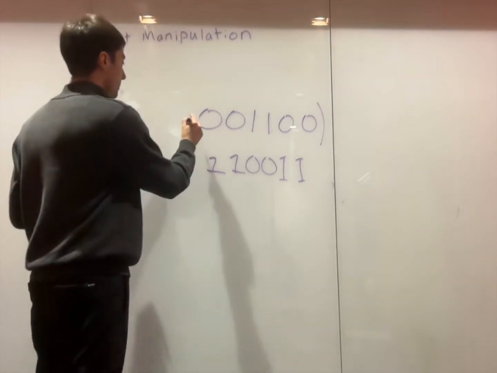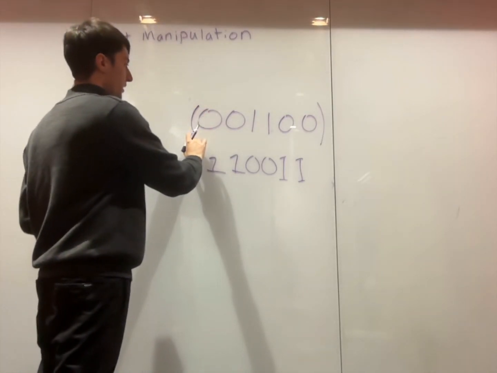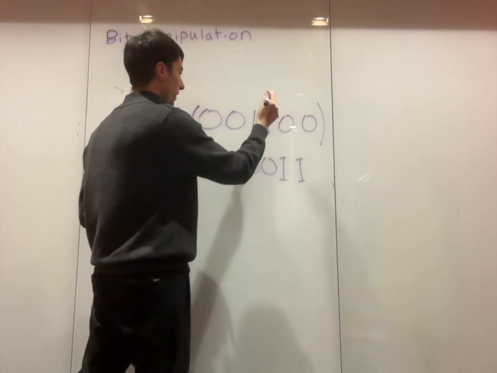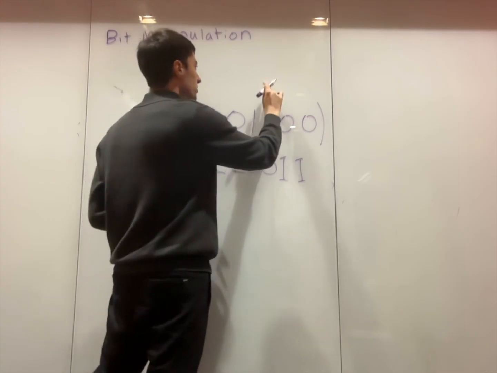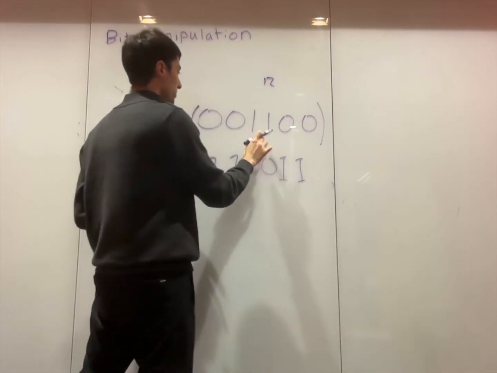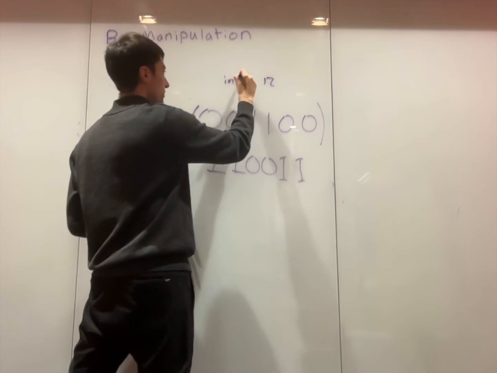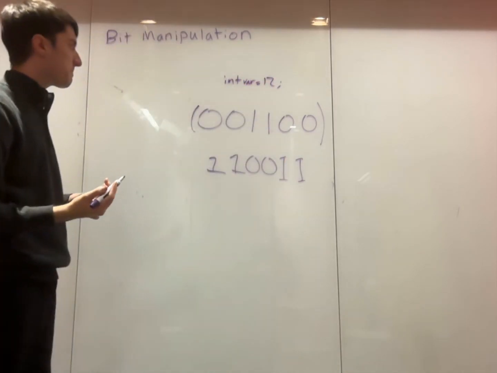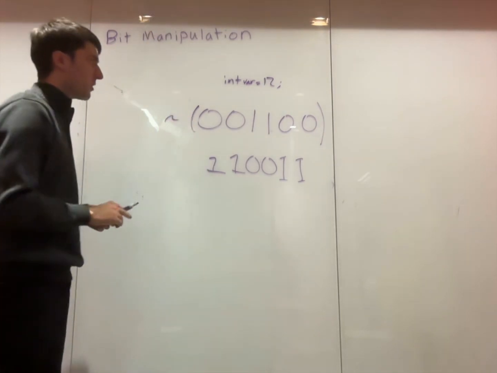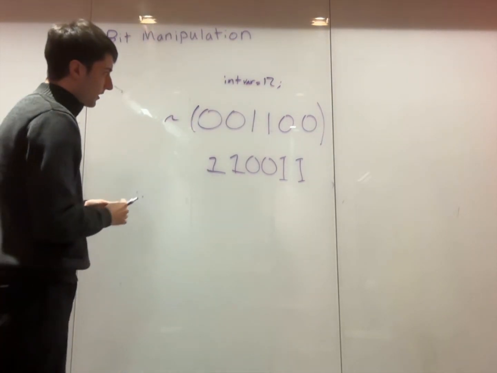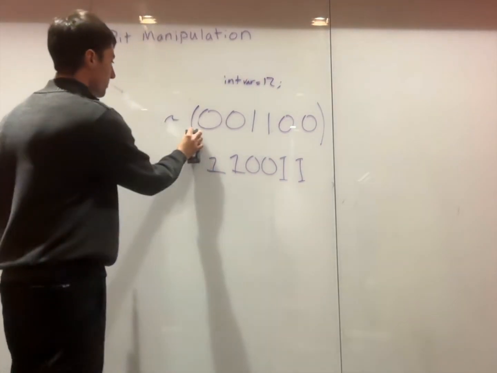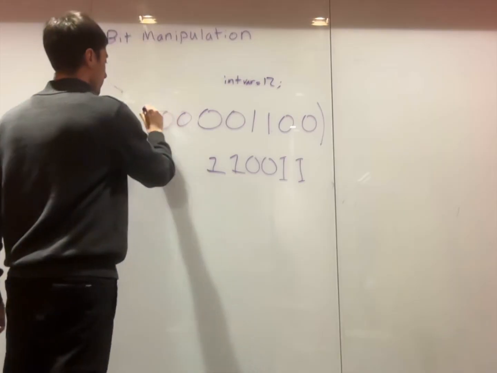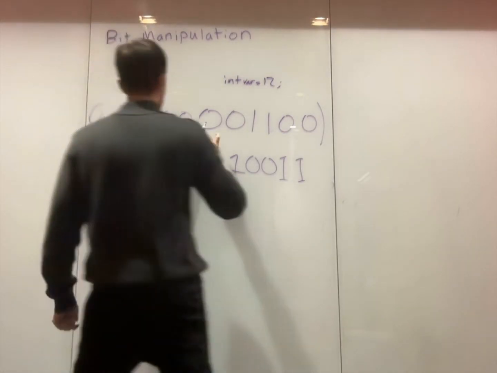If you say like what's this, 1, 2, 4, 8, so 4 and 8, 12 here. Okay, so if you say like int var equals 12, like that, and then apply a NOT operator, actually what's going to happen is, remember that all of these have zeros in front of them.